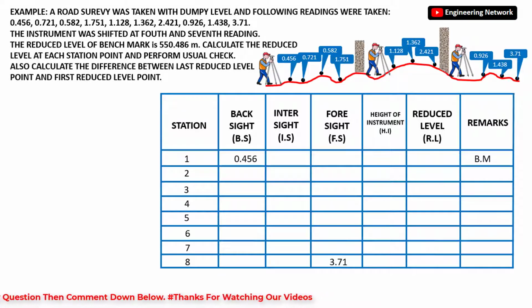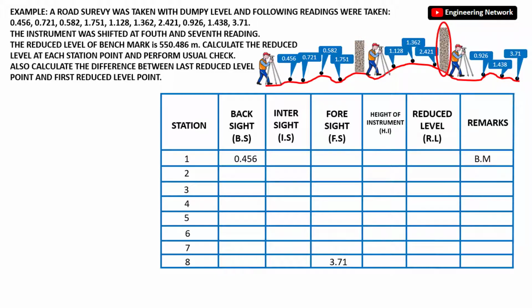Now in the statement of this numerical question, it is given that the instrument is shifted after the 4th and 7th reading, which means that there is some kind of obstruction in the road survey line. So I will take the 4th and 7th readings as the foresight, which are 1.751 and 2.421, and the 5th and 8th readings as the backsight, which are 1.128 and 0.926.